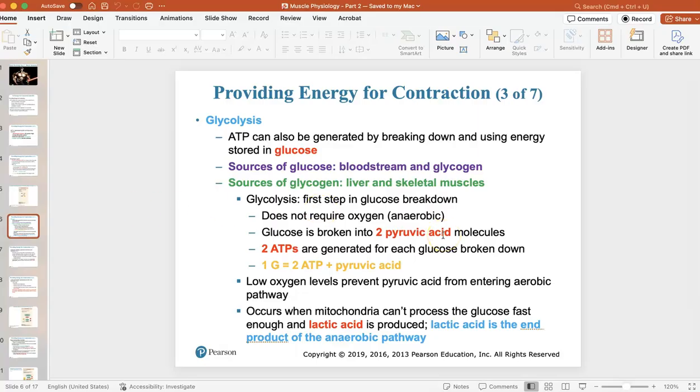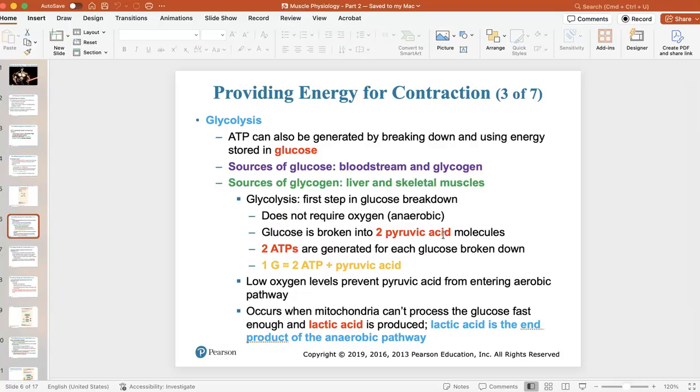So generally, this process is going to be anaerobic, especially early on in an activity. And anaerobic glycolysis is going to drive ATP replenishment. I think this is where you're going to get into some gray, but it could drive ATP replenishment for several minutes to quite a while.